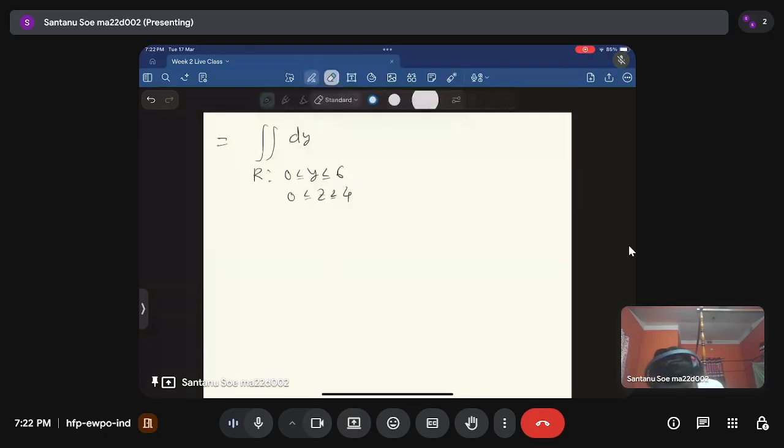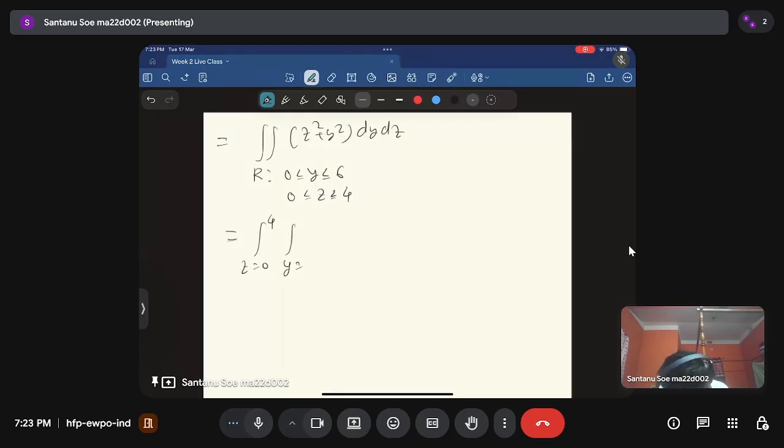This is z square plus y square dy dz, with z equals 0 to 4, y equals 0 to 6. Okay, so this will be from z equals 0 to 4 of z square y plus y cube by 3, from 0 to 6 dz.